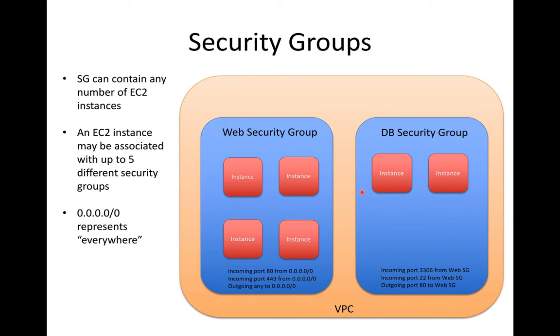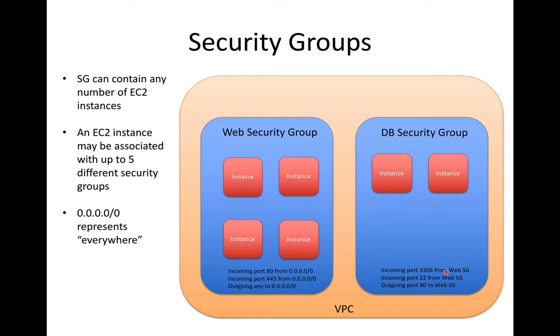When you're creating these security group rules, the source for these rules can be a network address, so it could be a specific IP address or an IP address range. It could be everywhere, like all zeros, or the source could be another security group, which is really interesting.